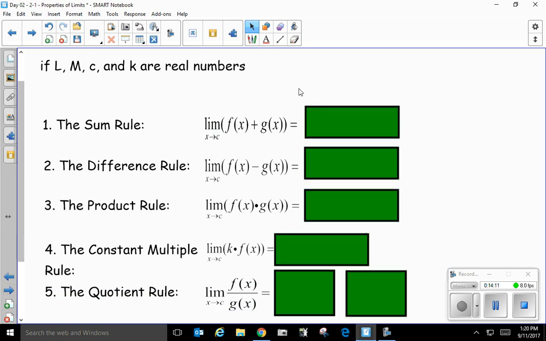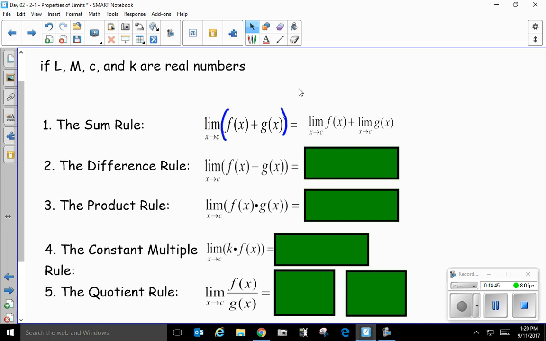All right. The sum rule. This is kind of like log rules. Remember how you break things up and put things together? If I'm taking the limit of two separate functions, and I'm adding these two functions, and I'm taking the limit of the whole thing, I can basically take the limit of the first one and add that to the limit of the second one.